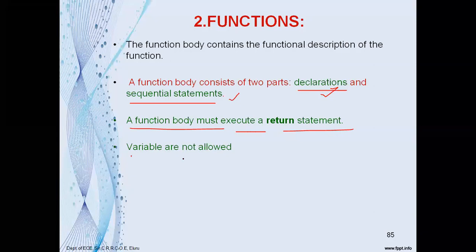Remember this, this is also very important. Only the signals and constants are allowed to be declared in the functions. Variables will not be allowed as an object in the functions. But in the procedures, you can use signals, variables, constants. But in the functions, only signals and constants are allowed. Variables are not allowed.